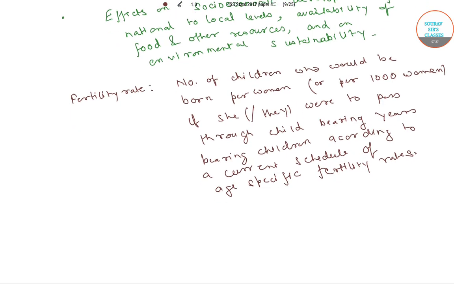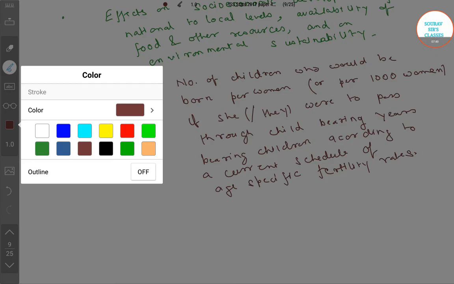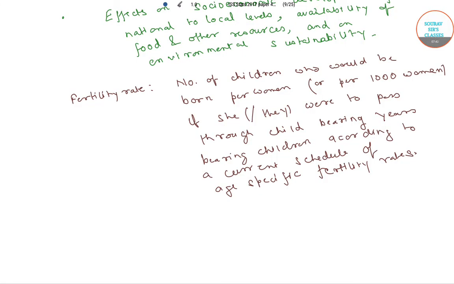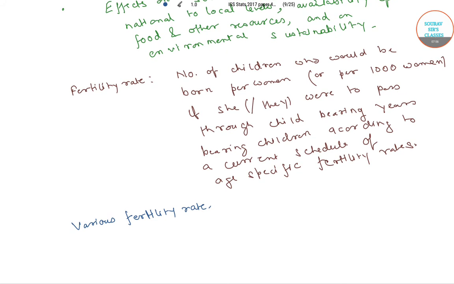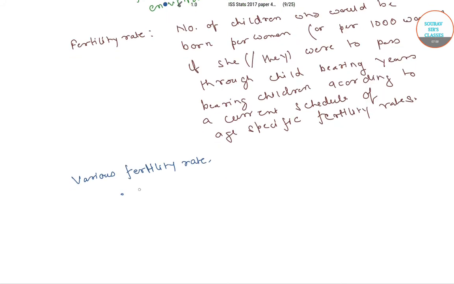There are various fertility rates that are commonly used. The first one is the child-woman ratio. Next is the crude birth rate.